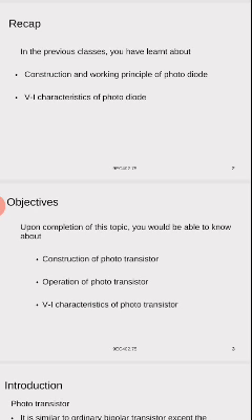Now, in today's class, we are going to discuss the phototransistor. Here, photo means light energy. That light is treated here as a photo.